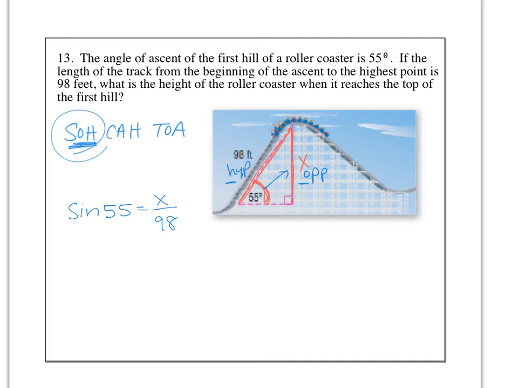X over 98 times 98. These cancel. Grab your calculator. 98 sine 55 is 80.28 if we round it. And it's feet. And that would be the height right here of that roller coaster.